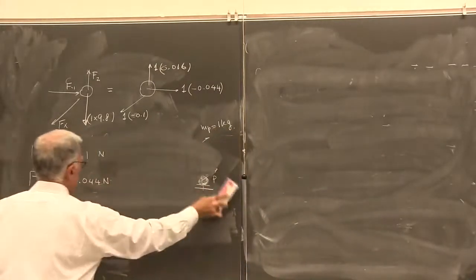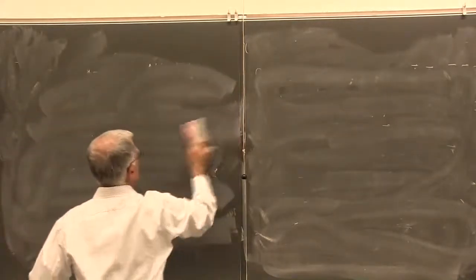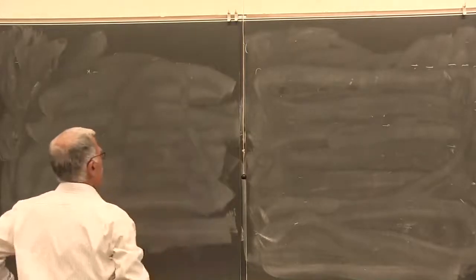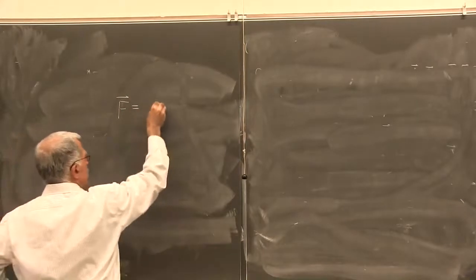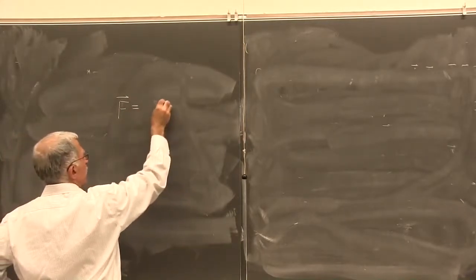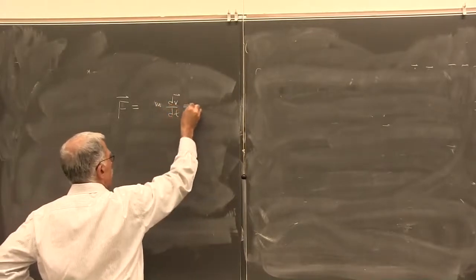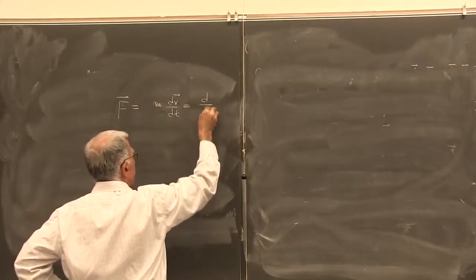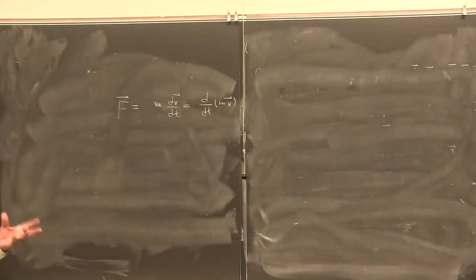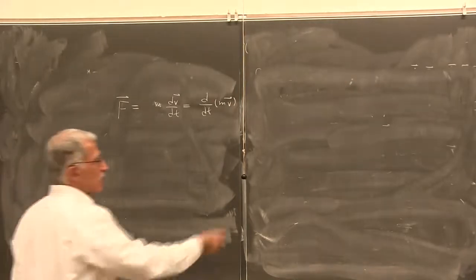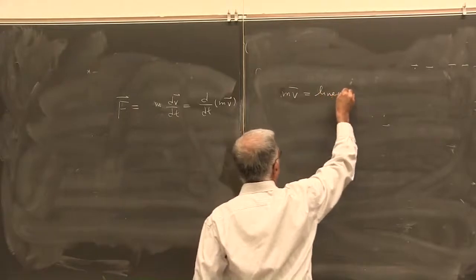And we said that F is equal to mass times acceleration, and you can say mass times dv/dt, or you can say d/dt of mv, and this is called linear momentum, the change of linear momentum. mv is called linear momentum.